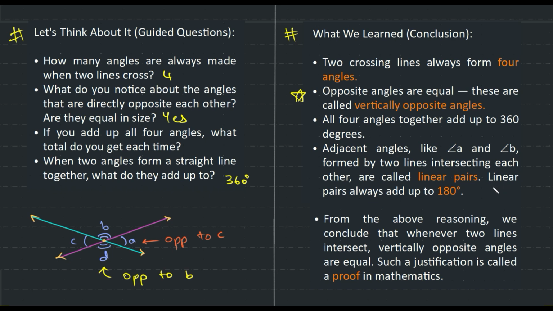Linear means line, remember? You can see the word line over there. So two straight lines, when they meet, the adjacent angles add up to 180 degree. From the above reasoning, we can conclude that whenever two lines intersect, vertically opposite angles are equal. Such a justification is called a proof in mathematics. That's just for a small note. You don't have to bother with this, you need not write it.